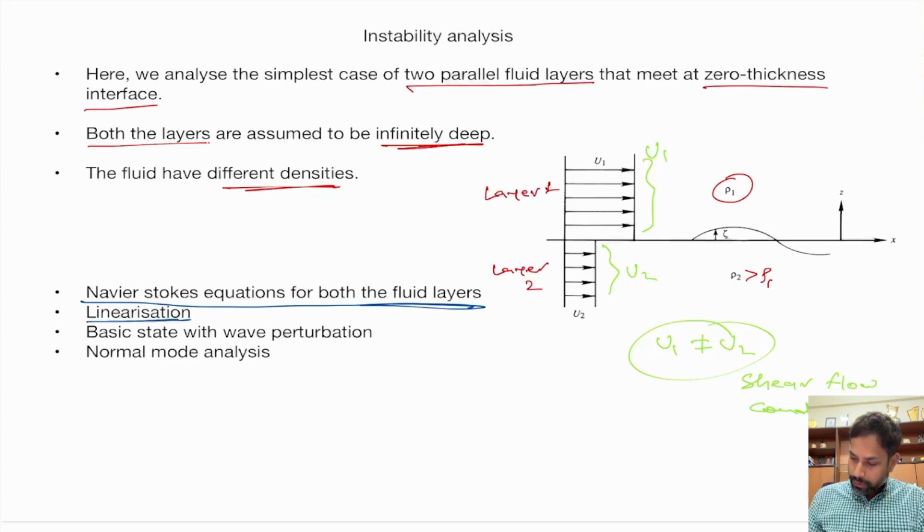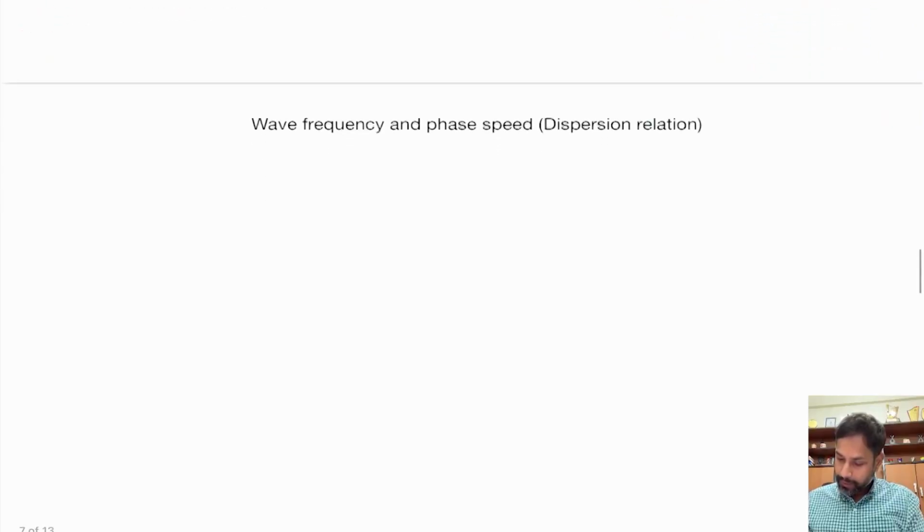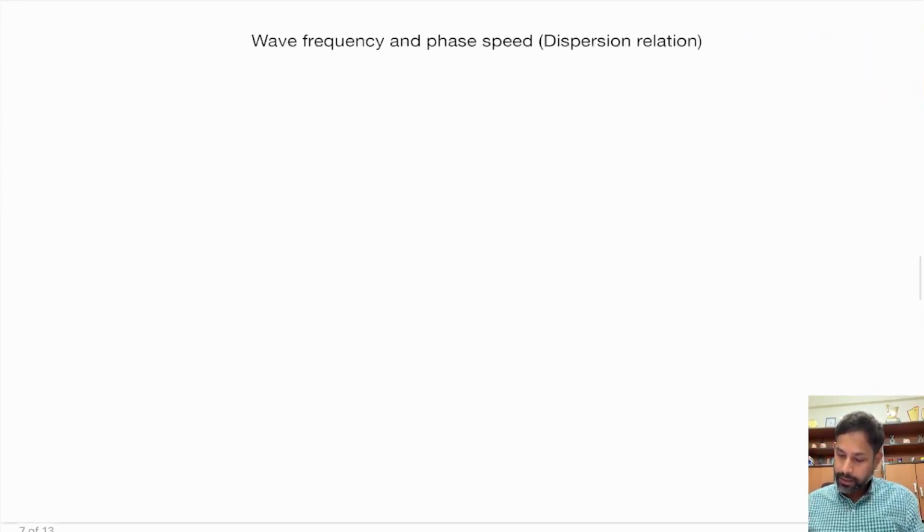Okay, so this is, let's say, the methodology for stability analysis, but we are not going to do this for this course because the derivation becomes very complicated and very lengthy, and that is why I have just listed down the steps, but I am finally going to write the stability condition only, rather than going through the complete derivation.